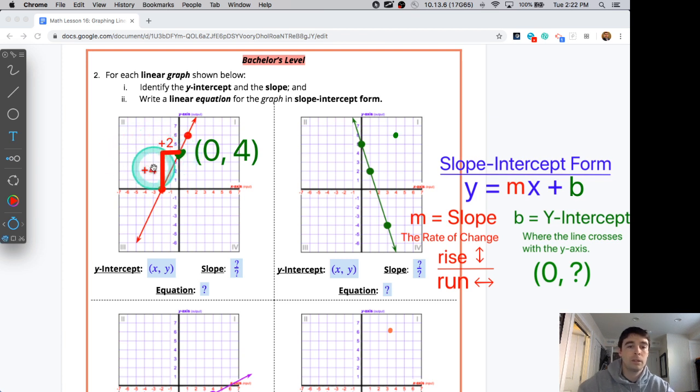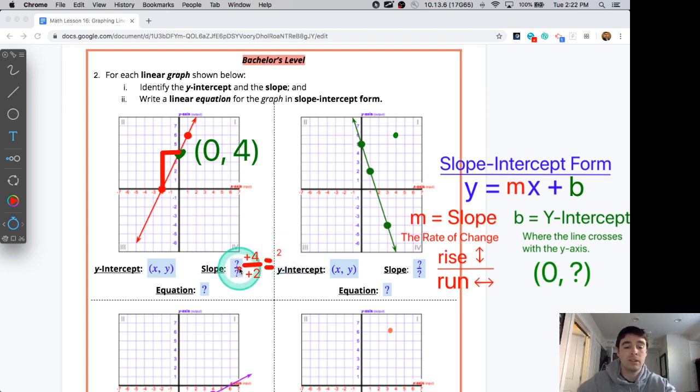My slope is ultimately going to be positive 4 for the numerator and positive 2 for the run, or the denominator. And 4 over 2 actually simplifies to 2 over 1, and 2 over 1 simplifies even further to just 2.